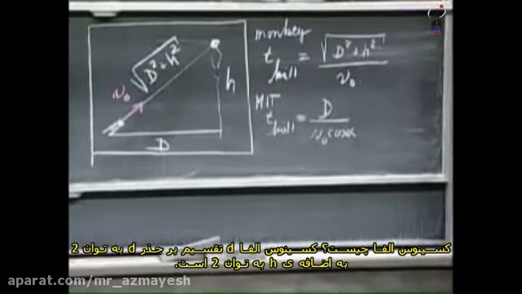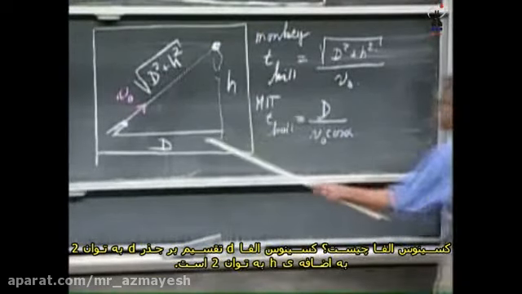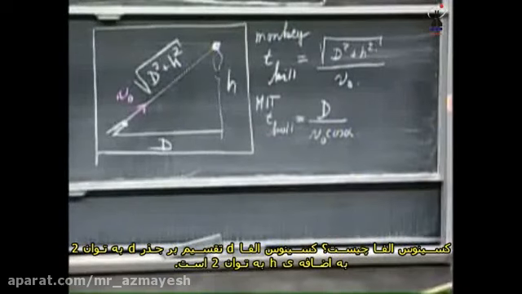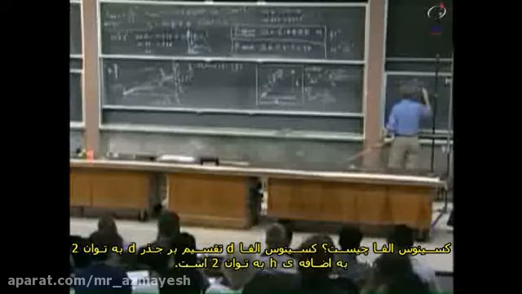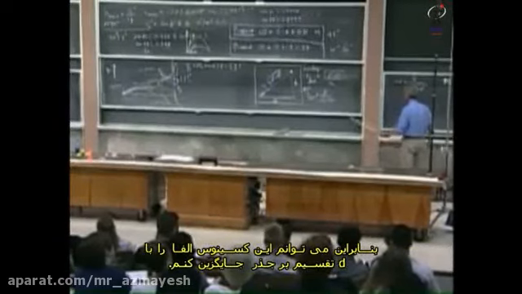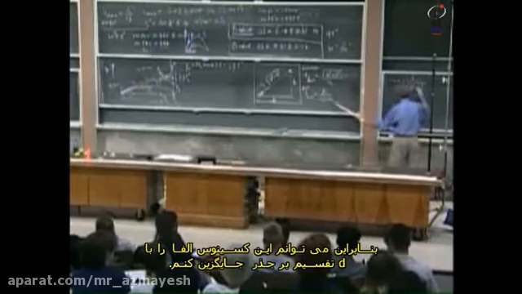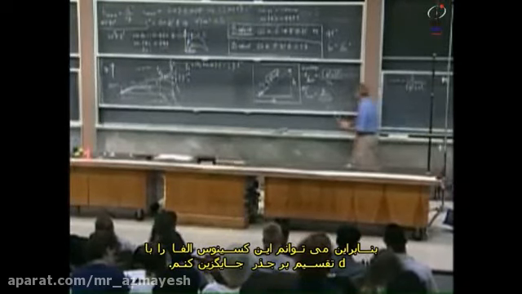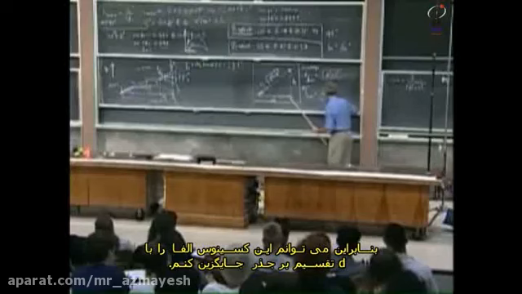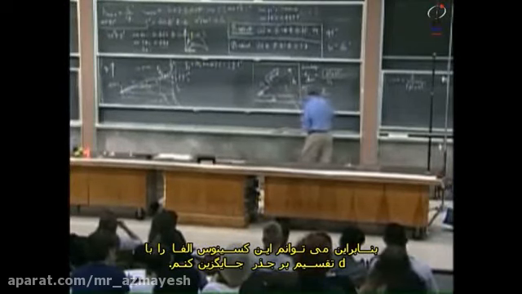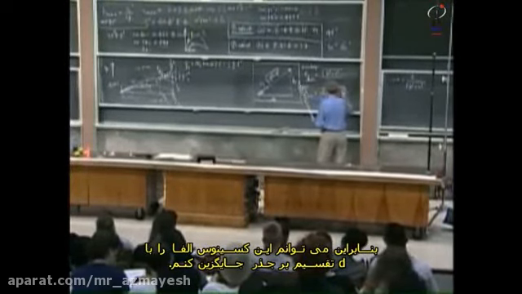But what is the cosine of alpha? That is d divided by the square root of d squared plus h squared. So I can replace this cosine alpha by d divided by the square root.